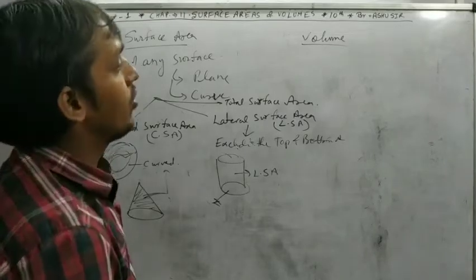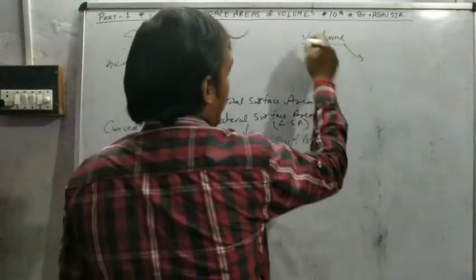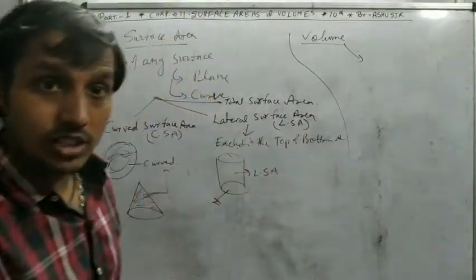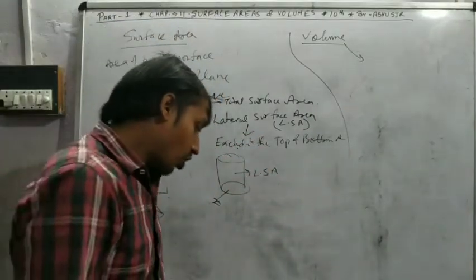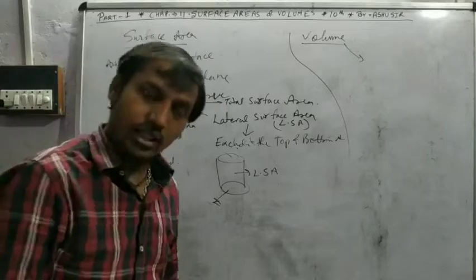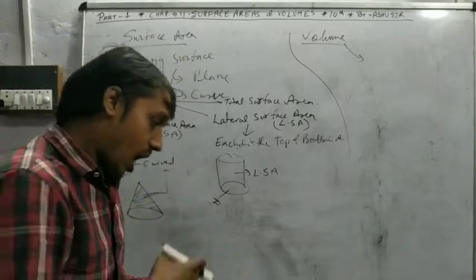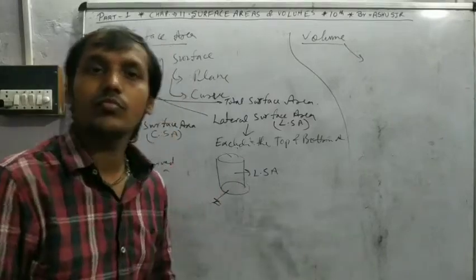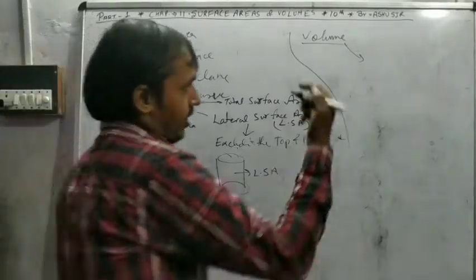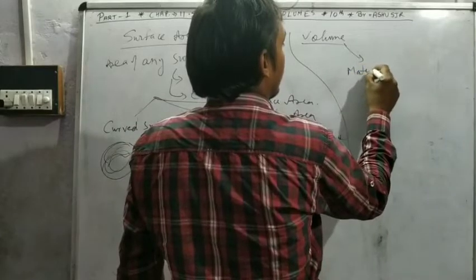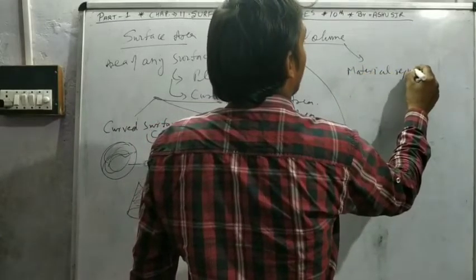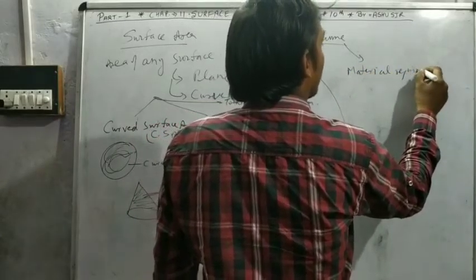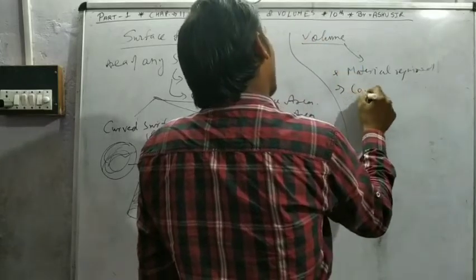So what can you say about the volume? They also have different meanings. Volume is capacity, good. Amount used to make the material, very good. Material required, very good.